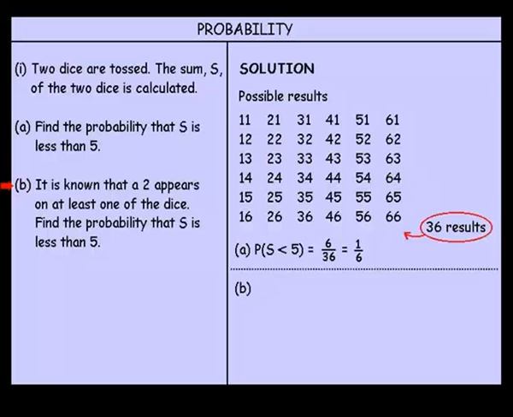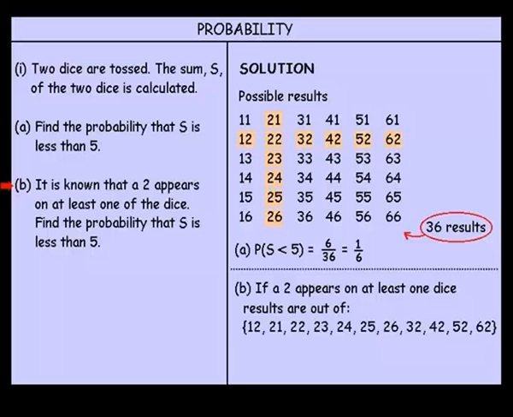Part B. It is known that a 2 appears on at least one of the dice. Find the probability that S is less than 5. Now if you throw the dice and you're certain that a 2 appears on at least one dice, then we're restricted to those possibilities. Those possibilities highlighted are the occasions where there is a 2 appearing on at least one of the dice.